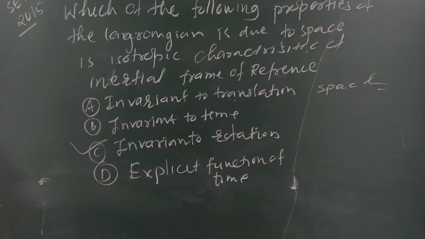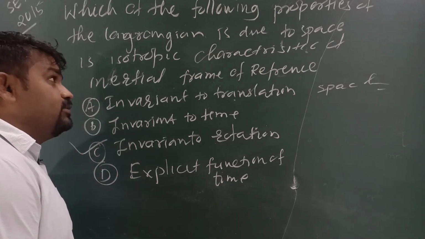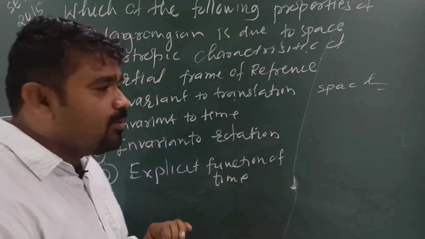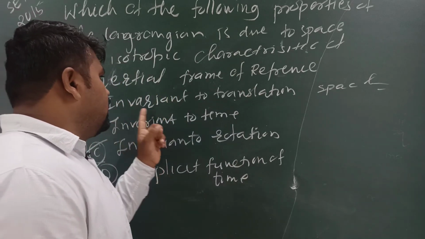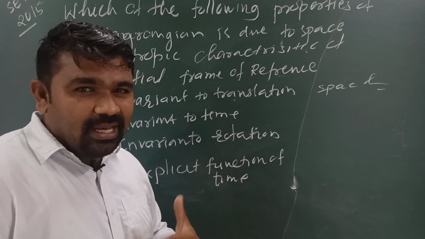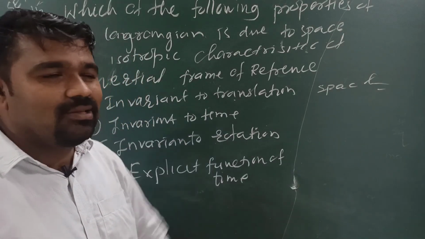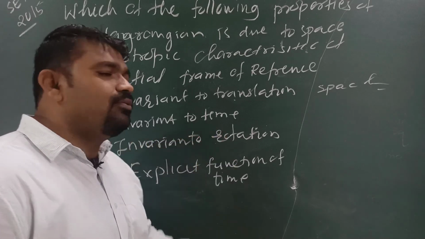Translation, three quantities. Now here, invariant to the translation means the space is homogeneous.